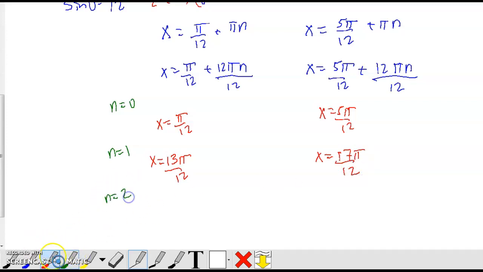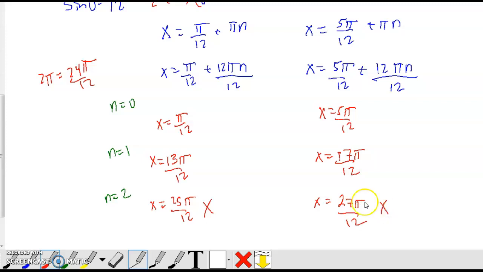When n is equal to 2, that would be 24, so 25 pi over 12, which, if we think about 2 pi, that's equivalent to 24 pi over 12, which means that doesn't work. And this side is also not going to work, because this would be 24 plus 5, so 27 pi over 12. Again, that doesn't work. So we have our answers.